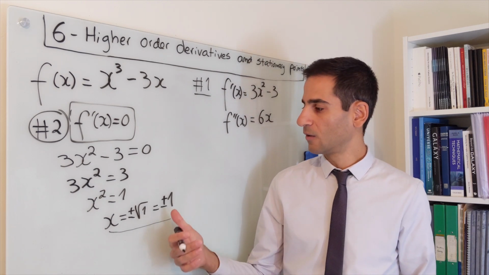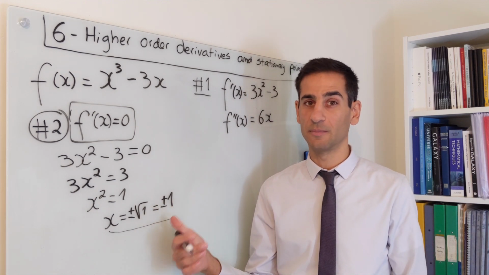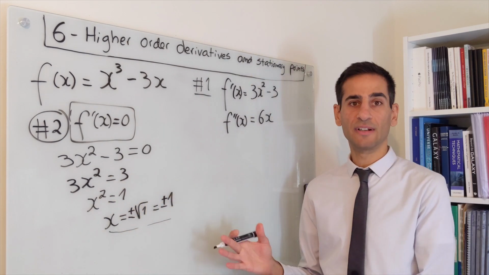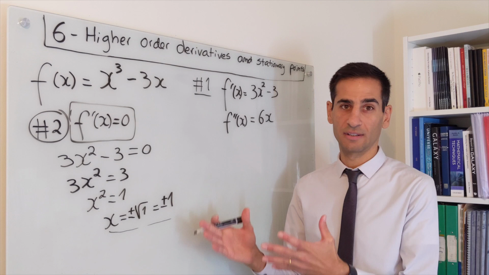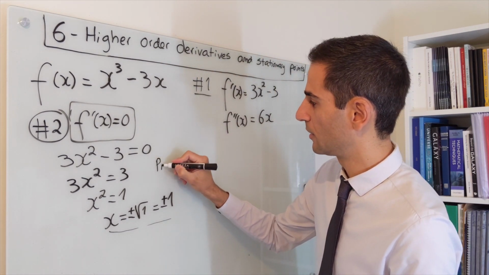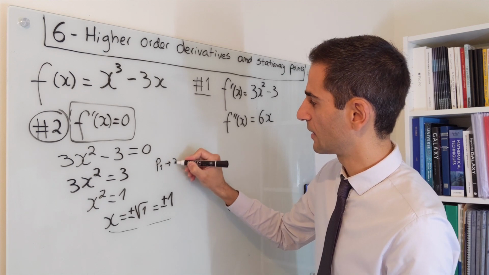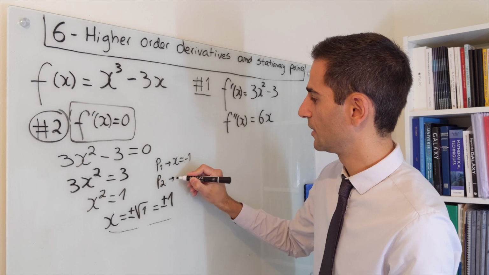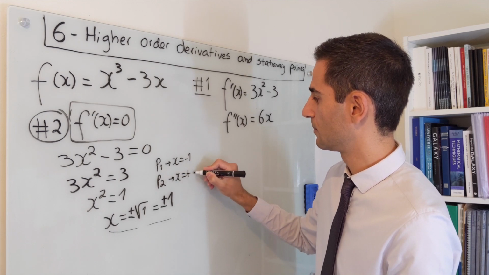This is because only these points, plus 1 and minus 1, are solutions to this equation. The final step now is to try to classify these stationary points that we could call P1, and P1 is x equals minus 1, and P2 being x equals plus 1.